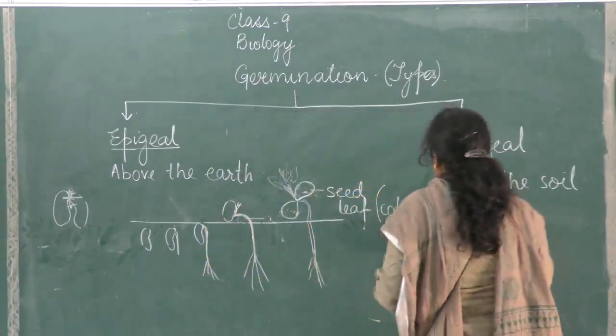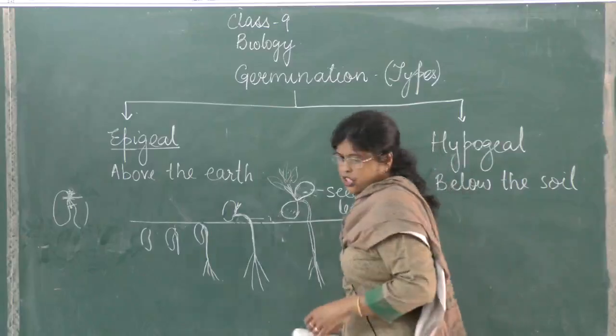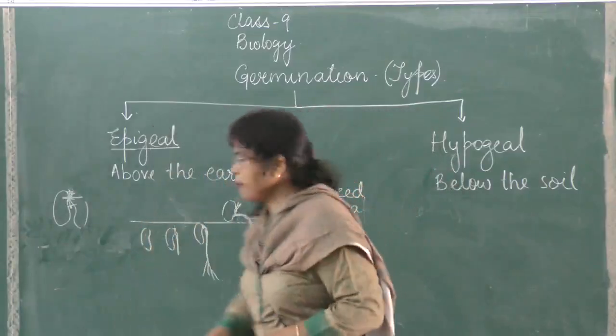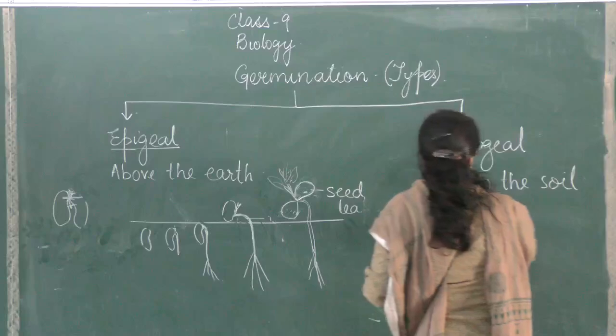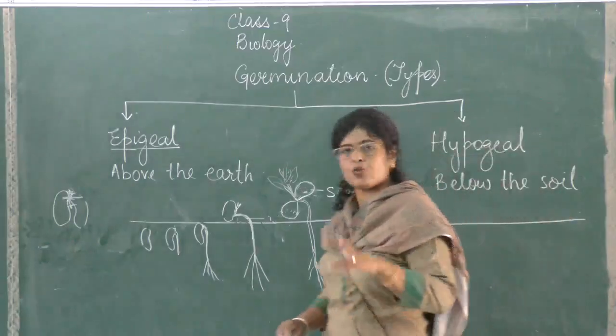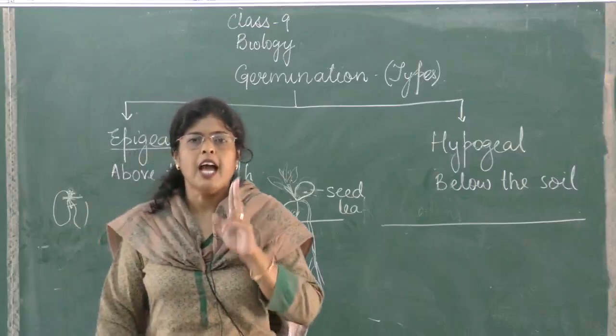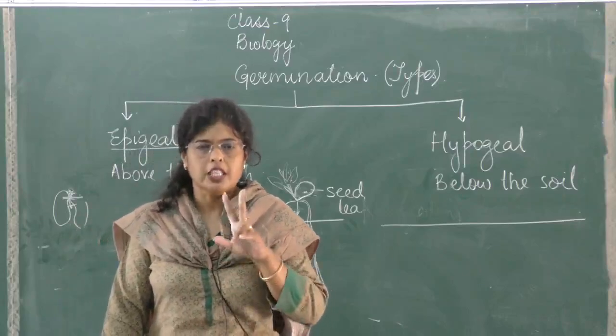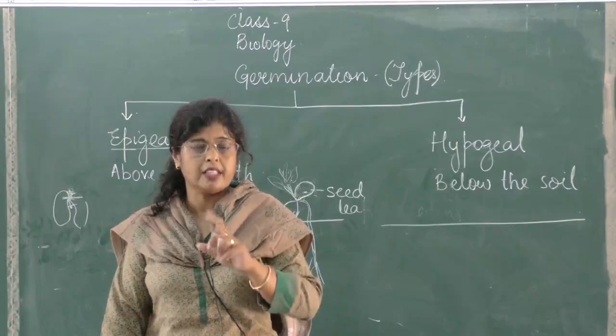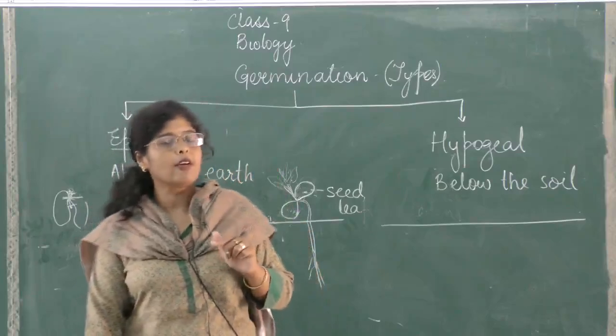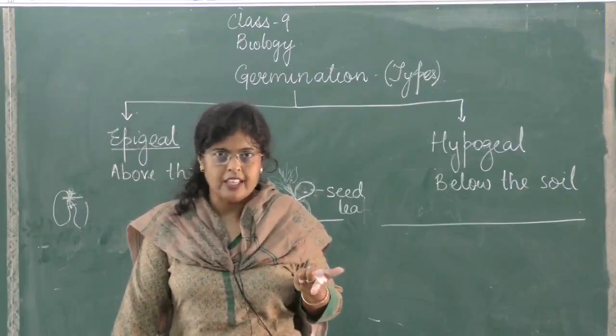Okay, now let us see the hypogeal germination. Let us discuss the same thing in hypogeal germination. Now what happens in this case? What did I say? Both epicotyle and hypocotyle do not elongate together. Is it clear? Either the hypocotyle is elongating or the epicotyle is elongating.